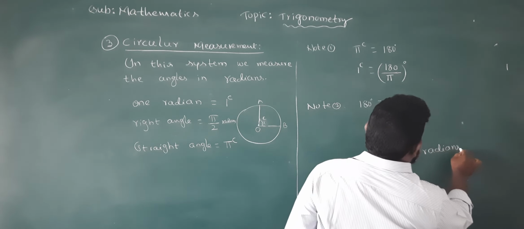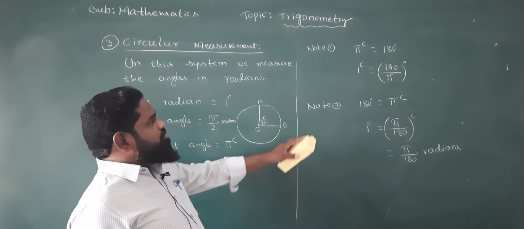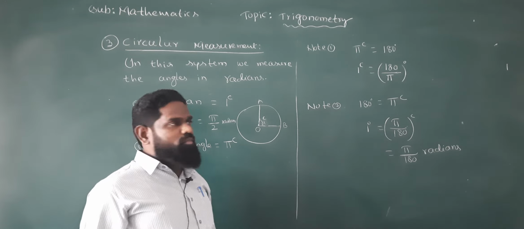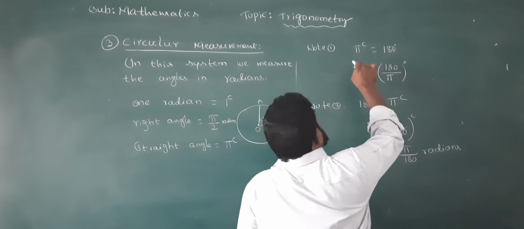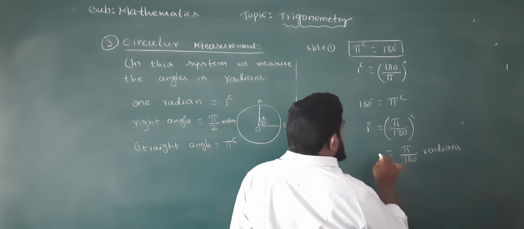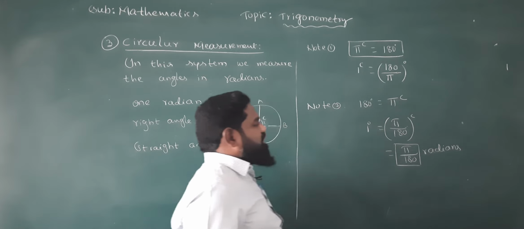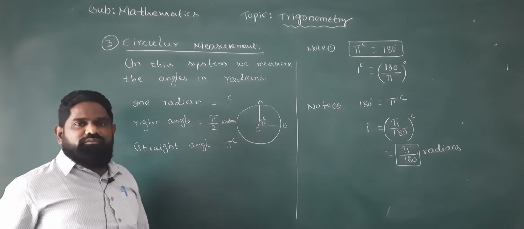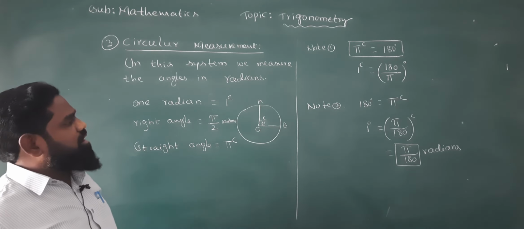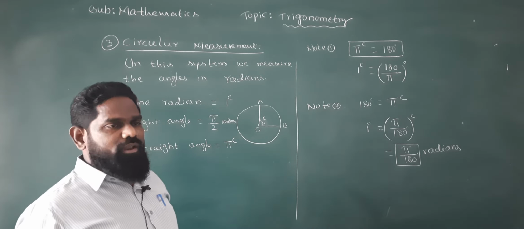To convert radians into degrees and degrees into radians, we must use this formula. Wherever pi is there, we take 180 degrees. Wherever 1 degree is there, we write pi by 180 radians. That small c represents the radian measurement.